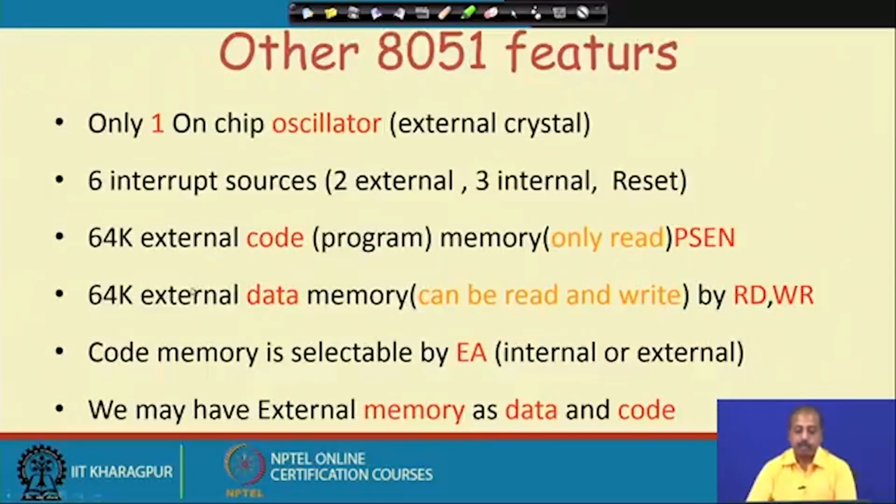For the data memory part, it is again another 64 kilobytes of external data memory. So, code memory and data memory, if you take them separately, it is 64 plus 64, total 128 kilobytes of memory that you can connect to the 8051 system. Out of that, half of it will be program memory, half of it will be data memory.